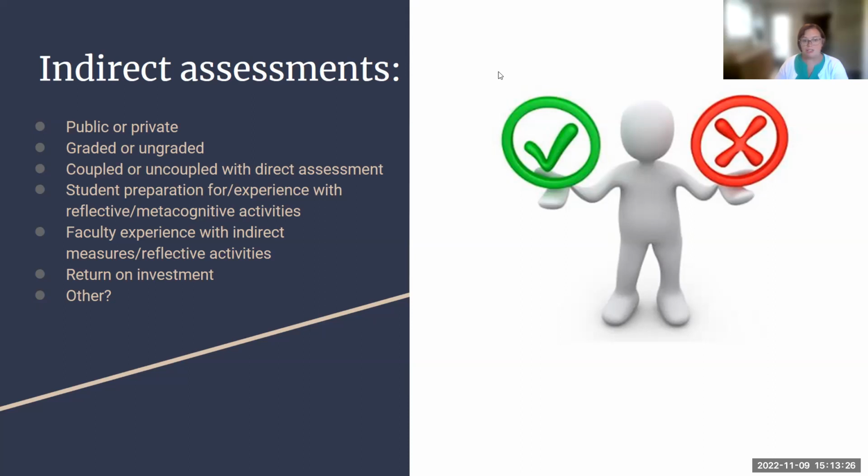In other disciplines that are very direct assessment heavy, this may be totally foreign to instructors teaching the course or to students in those courses. So you want to consider that when thinking about a way to do an indirect assessment. Maybe a survey with a Likert scale is more comfortable for everybody than writing some long reflection paper. So you have to think about what fits in your world, what you're comfortable doing, and what students might be comfortable doing.